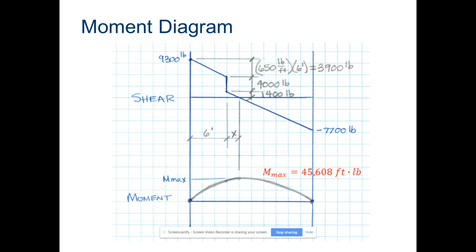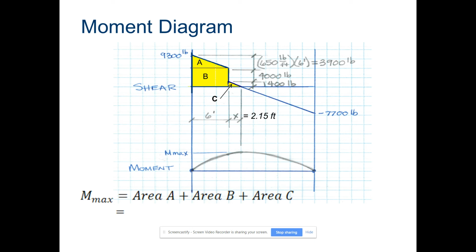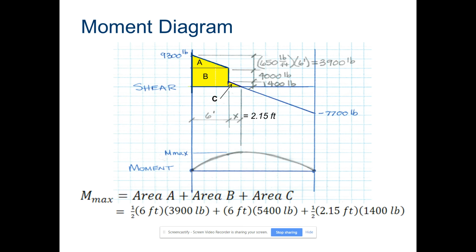There's another way to solve it, which I prefer. It's much nicer to look at. It doesn't matter. All right, so we're looking at areas here. We have area A, which is a triangle, area B, which is a rectangle, and area C, which is another triangle. And we come out with, for area A, 6 foot, that horizontal distance, times 3,900 divided by 2.